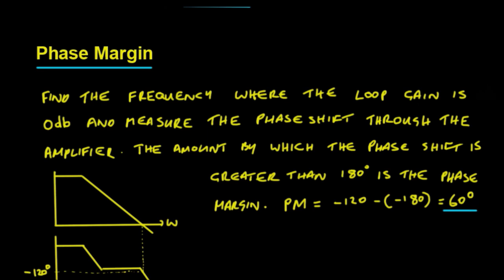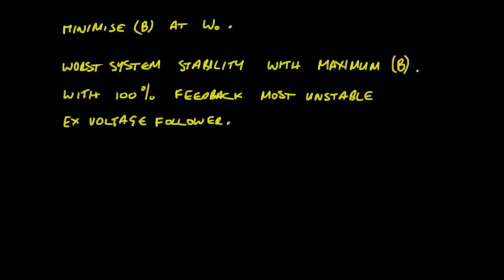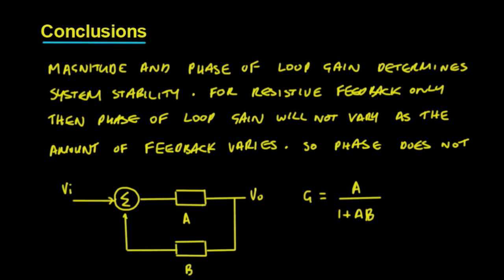If we ensure that that's the case, and we actually put a margin in, a typical margin of say 60 degrees, then this margin here is called the phase margin. Okay, so that's the two methods that we use in order to have a look at stability and defining control stability.